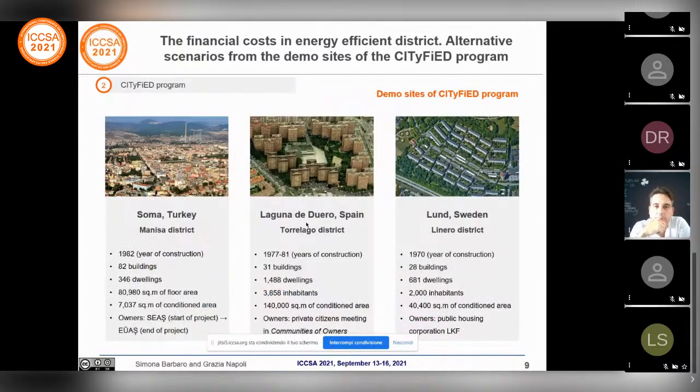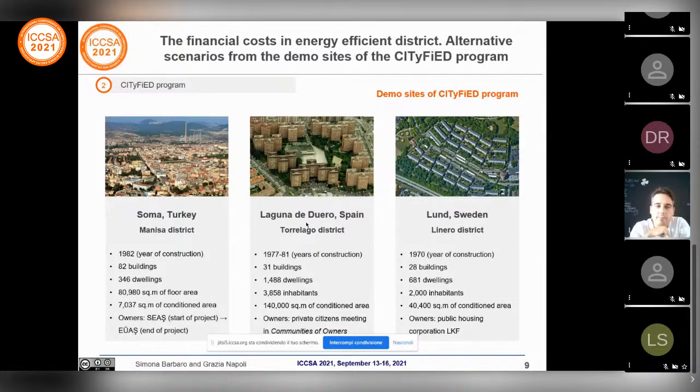These are the main characteristics of the 3 demo sites. The analysis shows that the type of heating system strongly influences feasibility. For example, the coal-fired stoves heating system required a greater investment in Soma than in Laguna de Duero and Lund, where the buildings were equipped with district heating.